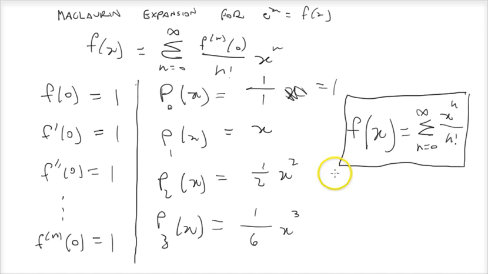Now this is a really important expansion to memorize, because if you ever encounter a function, for example g of x is 2e to the x plus 1, or something of that ilk, and we're asked to find the MacLaurin expansion for this, you can replace the e to the x with this expansion, add in a plus 1, and multiply all this by 2, and then you'll get the Taylor expansion for this.